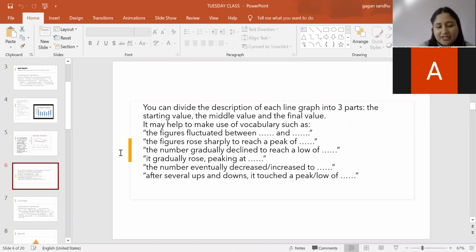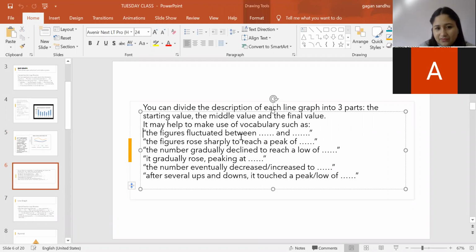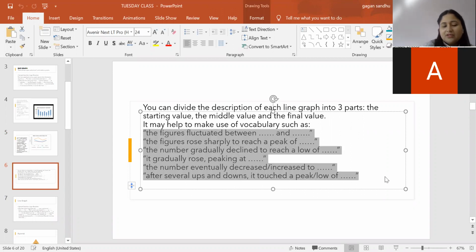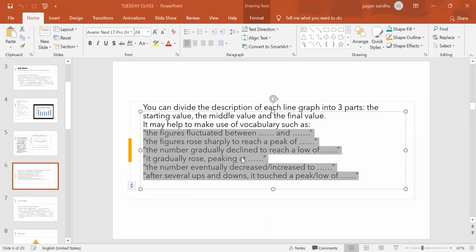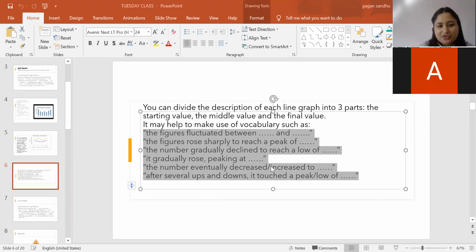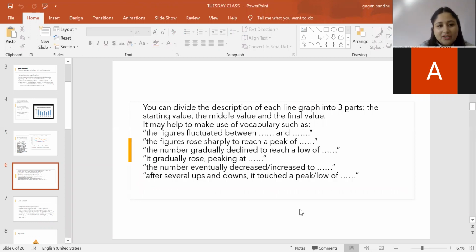So whenever it's a line graph, you may need these particular sentences, which will help you to fix things in the line graph, because it's always like the figure fluctuated between, right? Such information is very common when it comes to line graphs. So the figure fluctuated between, the figure rose sharply, because a line graph normally has so many ups and downs and such particular trends. So that's why, right?